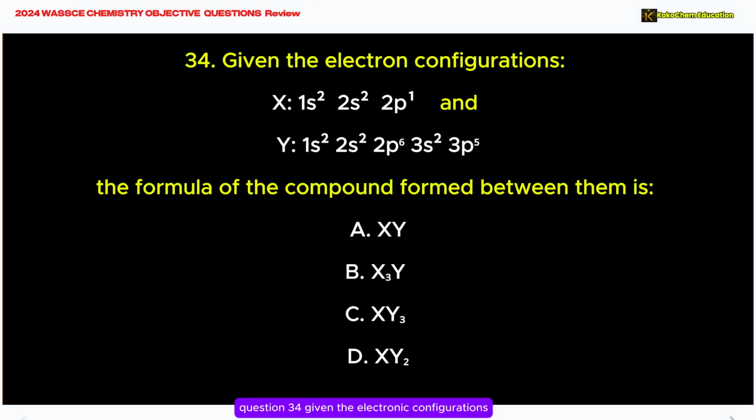Question 34. Given the electron configurations, X is 1s2 2s2 2p1, and Y is 1s2 2s2 2p6 3s2 3p5. The formula of the compound formed between them is A. XY, B. X3Y, C. XY3, D. XY2.